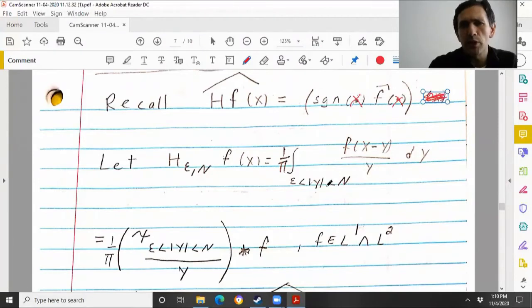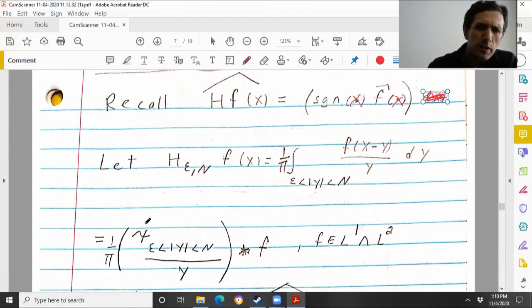And this is convolution with this function here. So let's say f is in L1 intersect L2. This here is in L whatever you want. For fixed epsilon, for fixed n, well, it's bounded. It's trivially bounded, and it's 0 off of a set of finite measure. It's 0 if y in absolute value is less than or equal to epsilon, or bigger or equal to n.